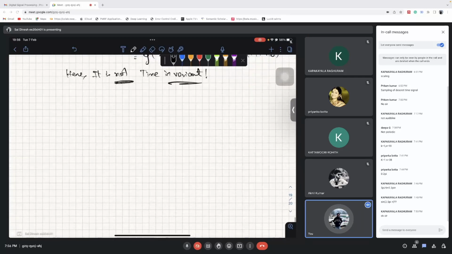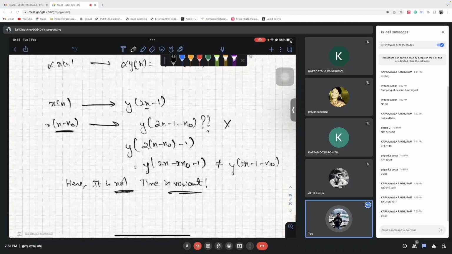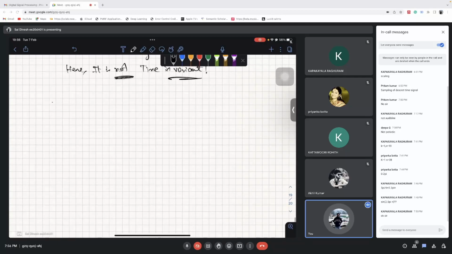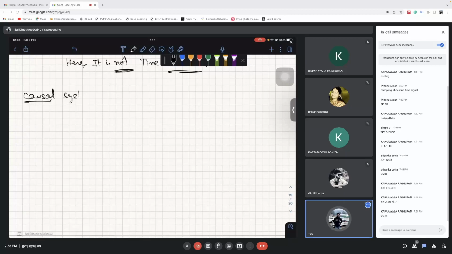And then there is one more thing called causality. So is the system causal? I mentioned causality as a property of a signal, but causality as a property of a system is this: a system is causal when the output y of n depends only on the input at n dash less than n.